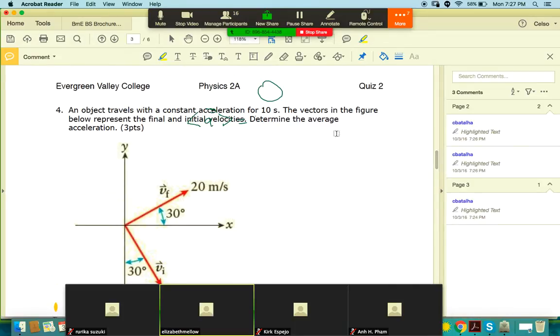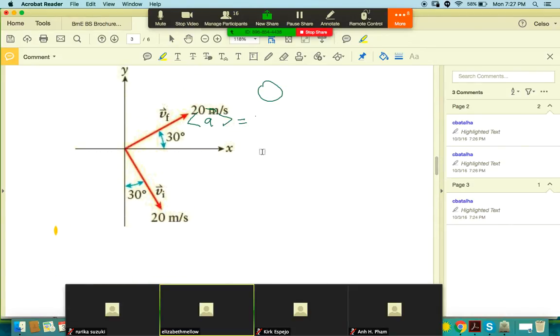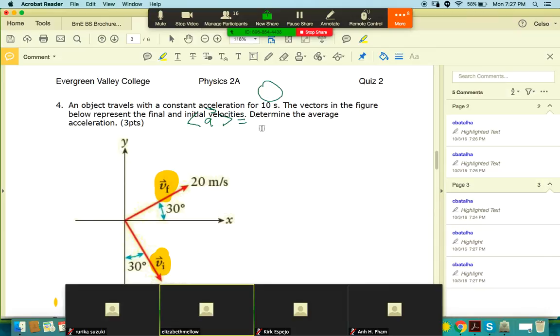So you use the definition. Let me see one thing here if I can do. You use the definition of acceleration, and acceleration is the final velocity minus the initial velocity divided by the time given, and the time given is 10 seconds.